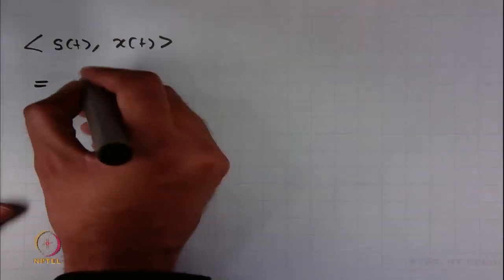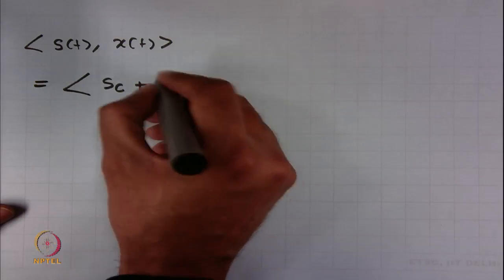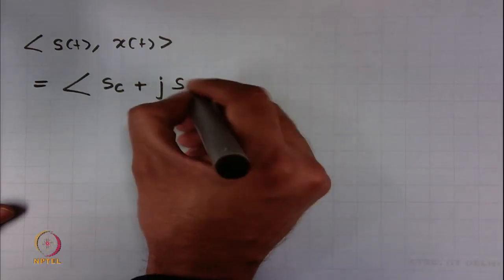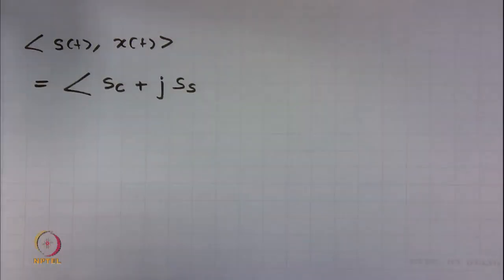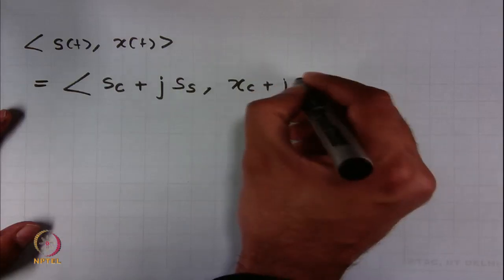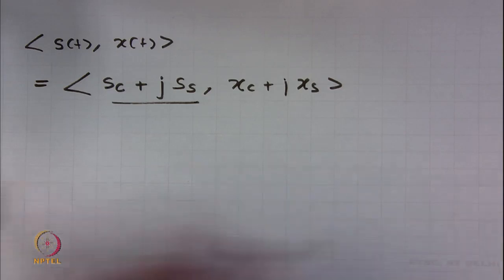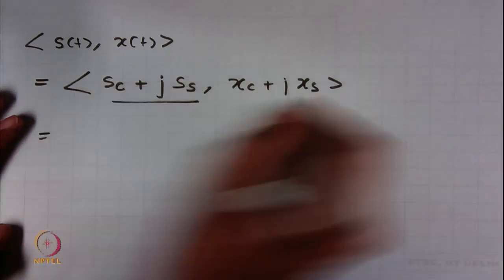So, again this can be written as SC plus J times SS. I have omitted the T for typographical reasons only, and XT is XC plus J XS, the complex signal. Now, taking the inner product, again term by term we can take.